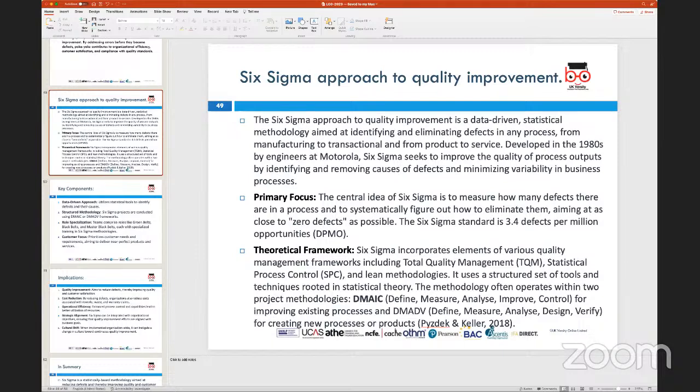They help in achieving a standard of quality, which means that you keep identifying the defects, you keep removing the defects, and you keep minimizing variability in the business and business processes, thereby keeping the defects lower than 3.4 parts per million.